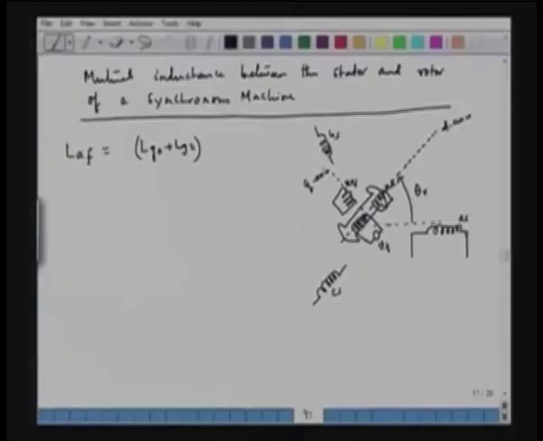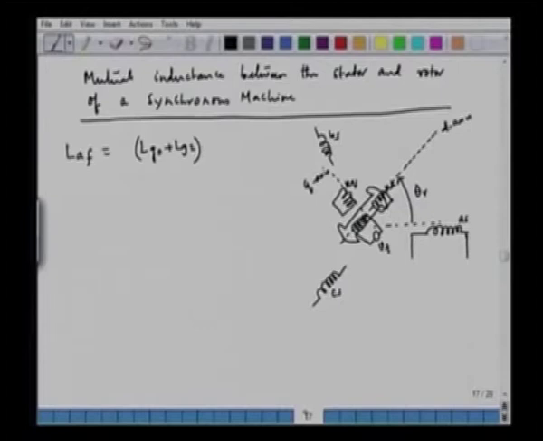So we have to remember that we have two definite inductances, one in the D axis and the other in the Q axis. So this we can substitute here, that in the D axis, if I say that this inductance is in this particular axis, I want to find out the mutual between this and this. So this is my inductance, and the flux linkage will be into IF, the flux produced by this, but this flux has to link this winding.